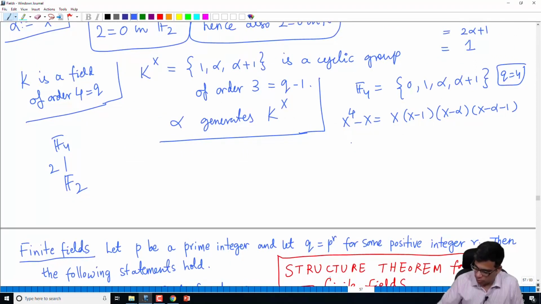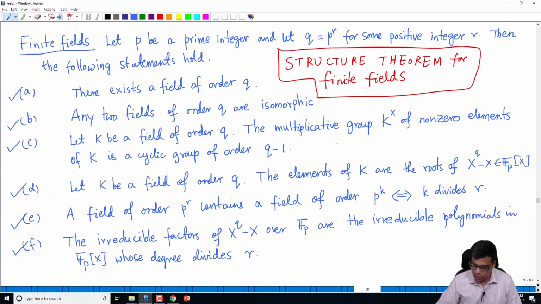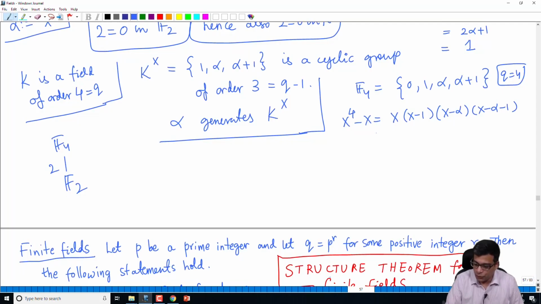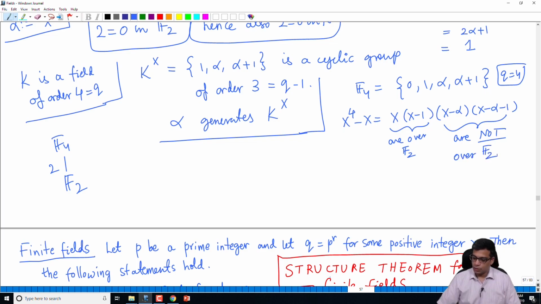But if you take the statements about irreducible factors, we can say something interesting. Remember, these are over F2. These of course are not over F2 because alpha is not in F2.